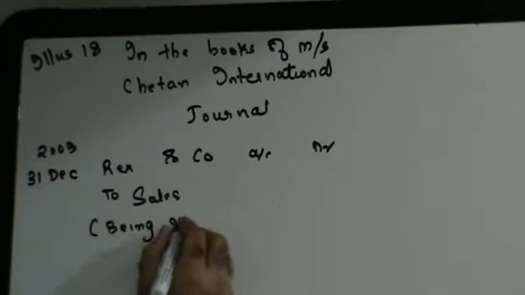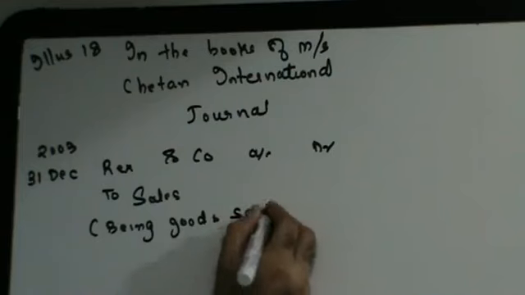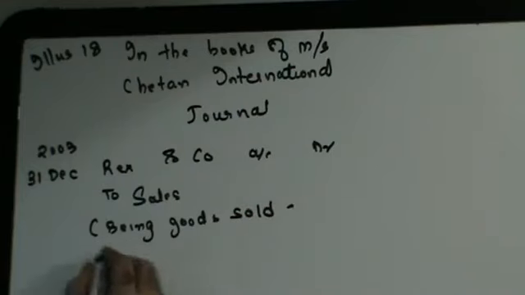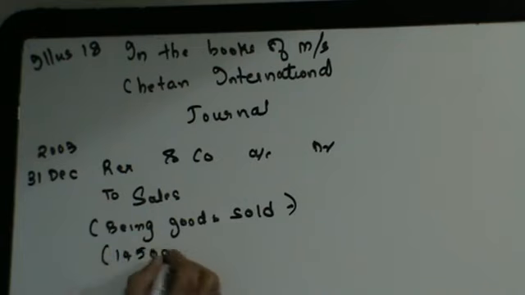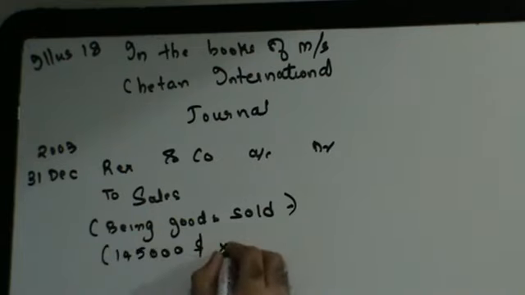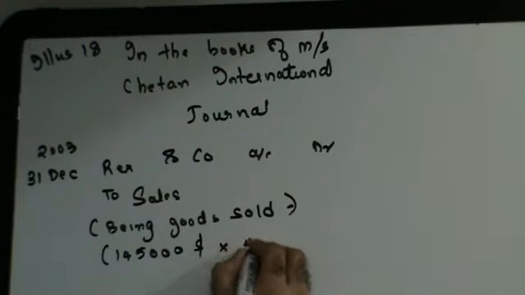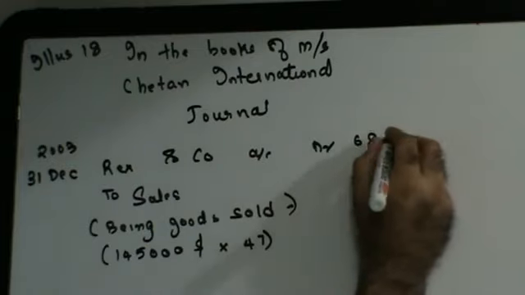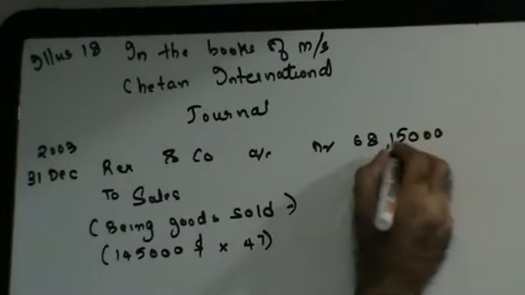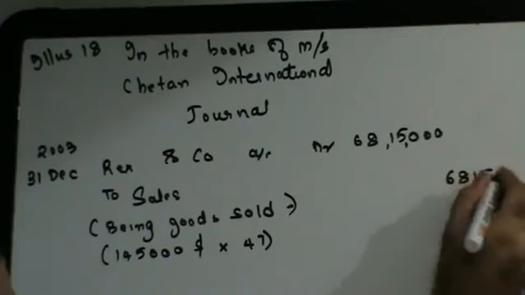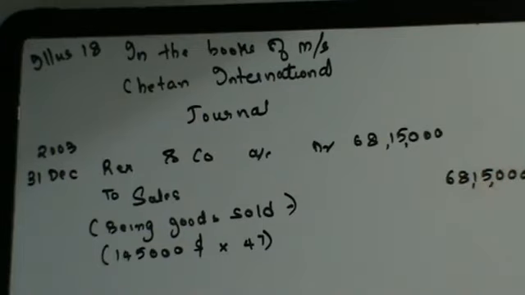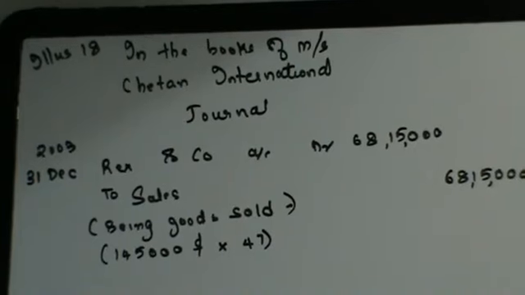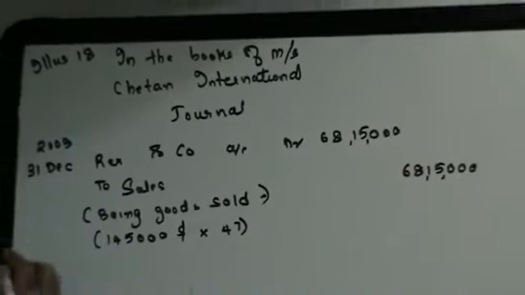You are selling goods of $1,45,000 when the dollar rate is 47. That is 68 lakh 15,000. Being goods sold. Next, let's move on ahead.